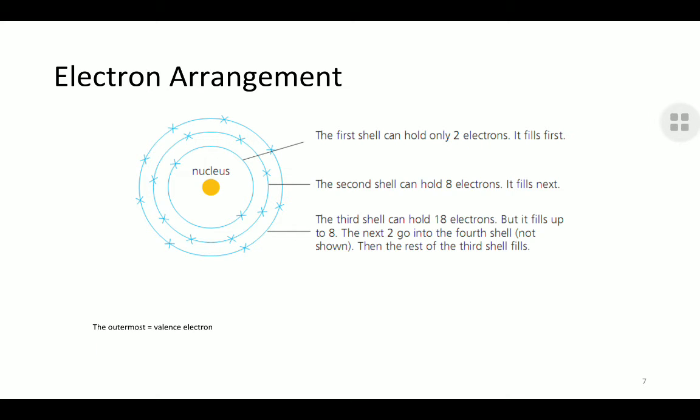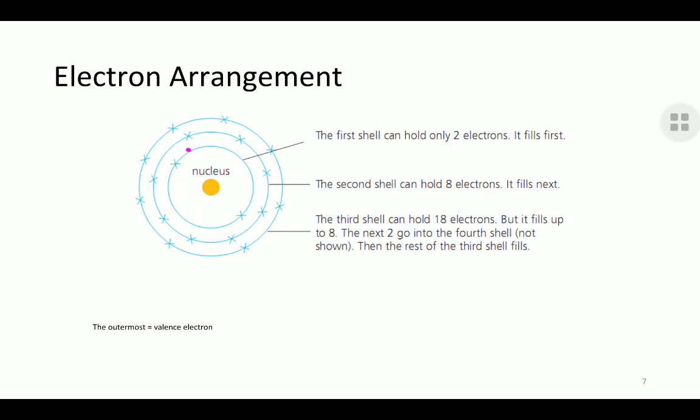Okay, the last thing I want to tell you here is the arrangement of electrons that we have discussed just now. There is a simpler way to write the arrangement of electrons rather than drawing this diagram. So you don't have to draw the circles, you just have to write it like this.